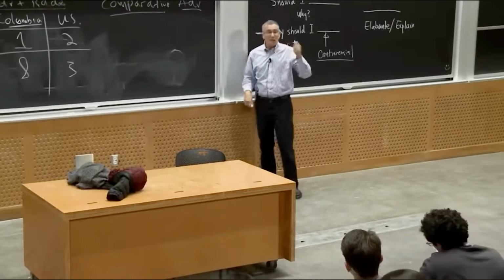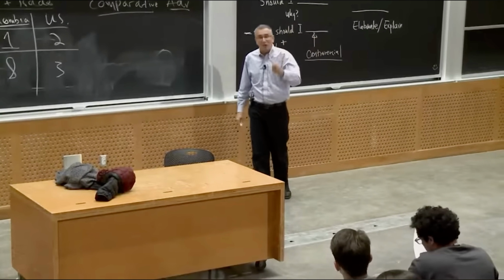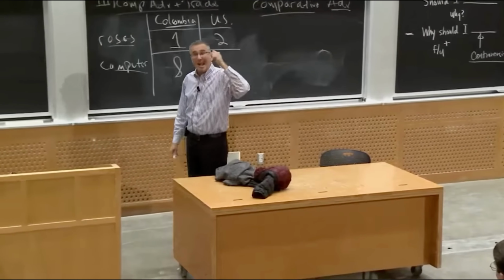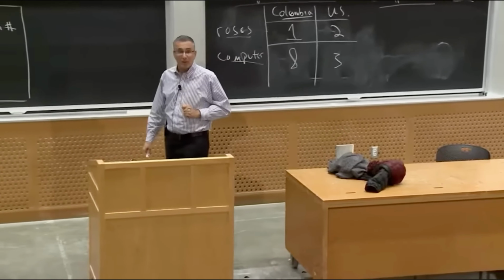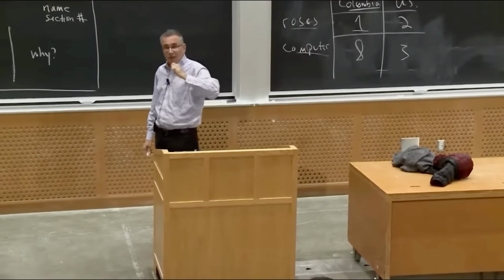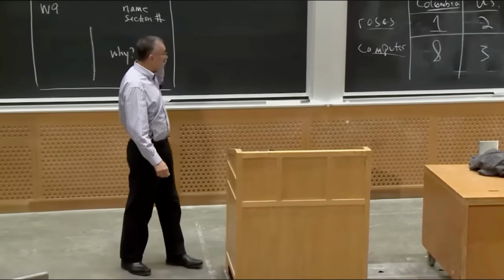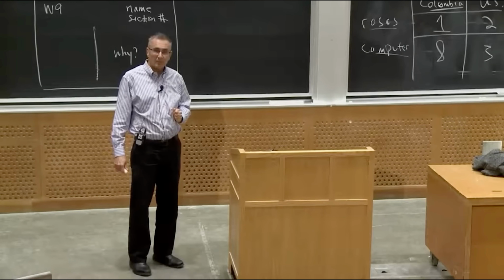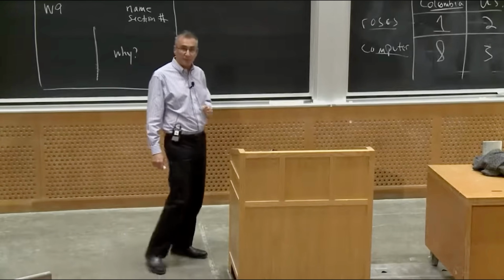So in Colombia, the opportunity cost of a box of roses, which takes an hour, is 1/8 of a computer, which also takes an hour. In the US, what's the opportunity cost of a box of roses? 2/3 of a computer.